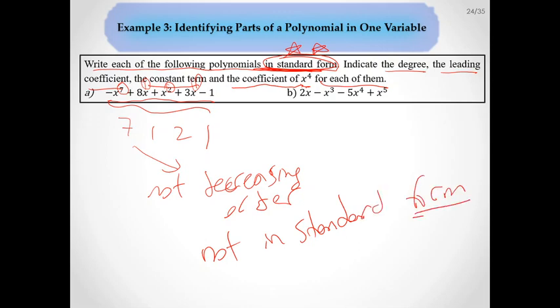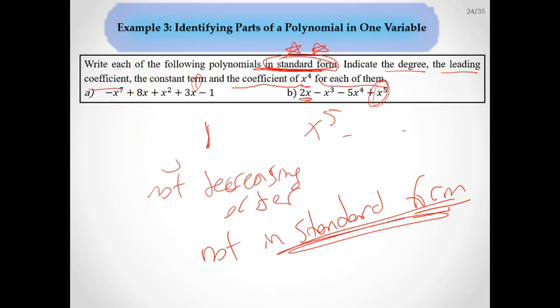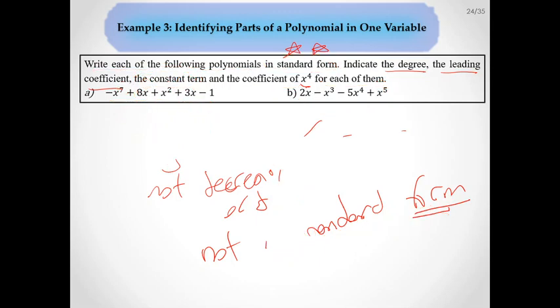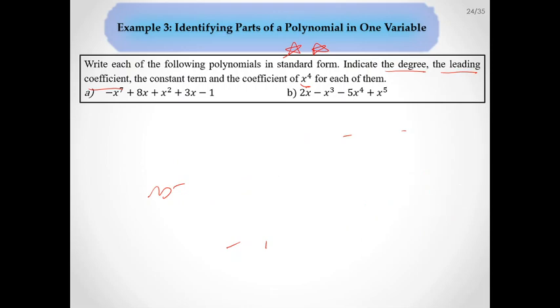Also, in standard form we will not have two terms with the same degree, so we have to combine them. It also doesn't start with the highest degree, so we have to change the places of the monomials to write them in standard form.